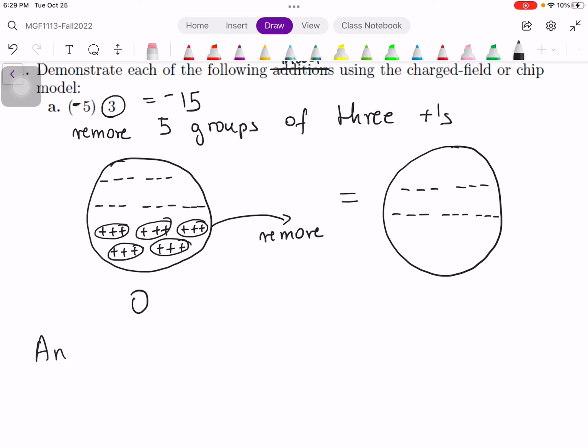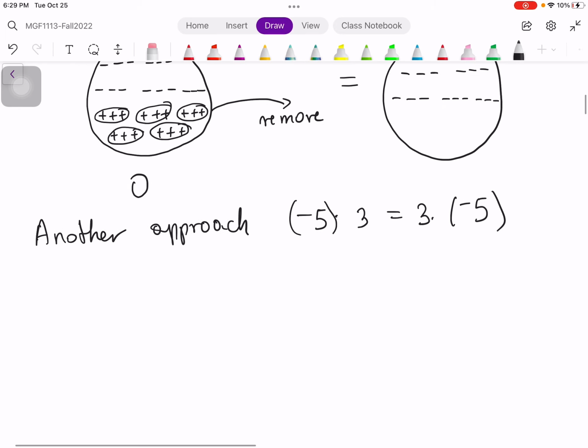Another approach would be to use the fact that multiplication is commutative and write it as 3 times negative 5. Then that would be just writing 3 groups of 5 minuses.